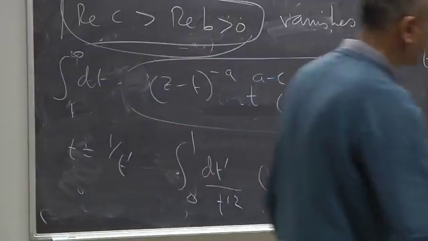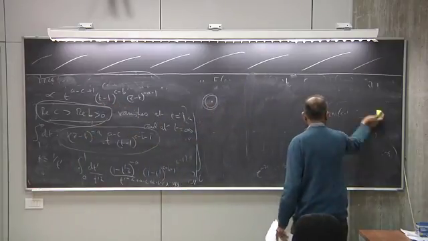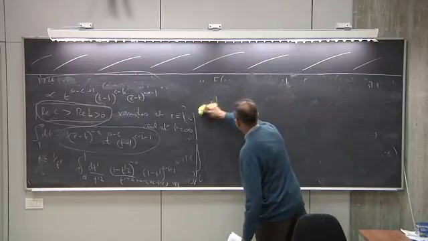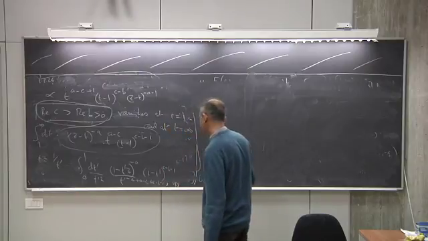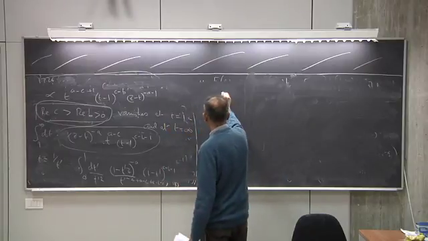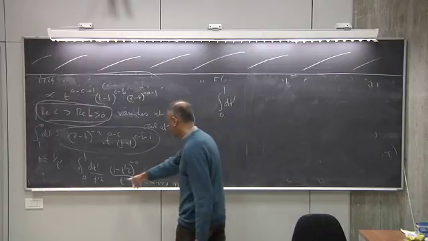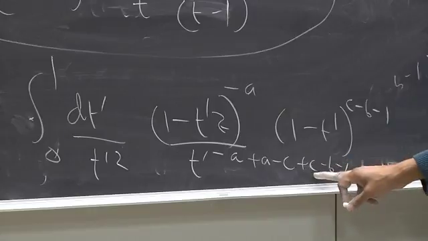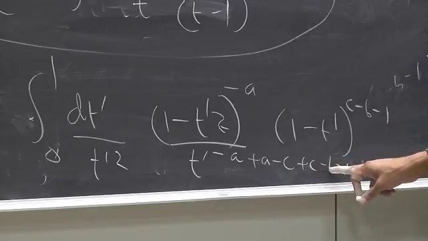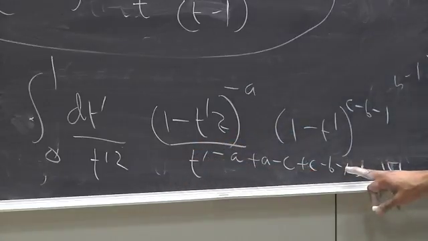So this integral is, I'll try to show you how this is producing this. So combining everything, you get dt prime from 0 to 1. Now what is the power here? Minus a cancels, minus c cancels. So you have minus b minus 1 plus 2, so minus b plus 1.